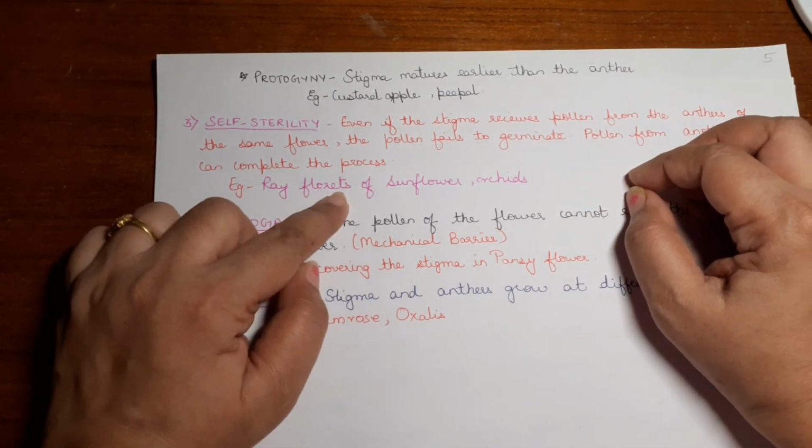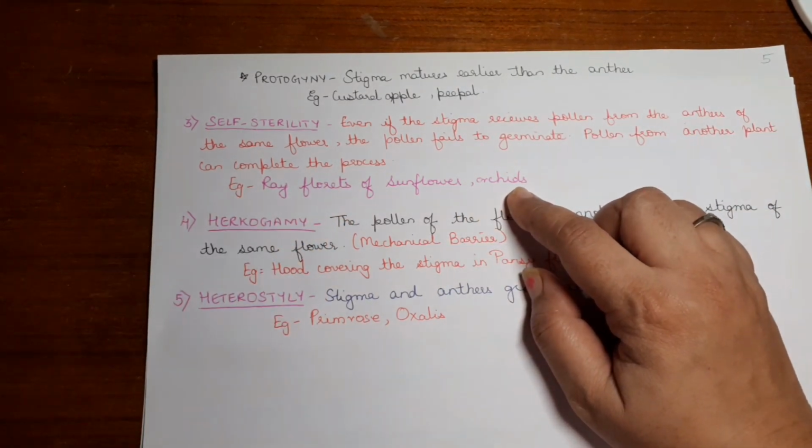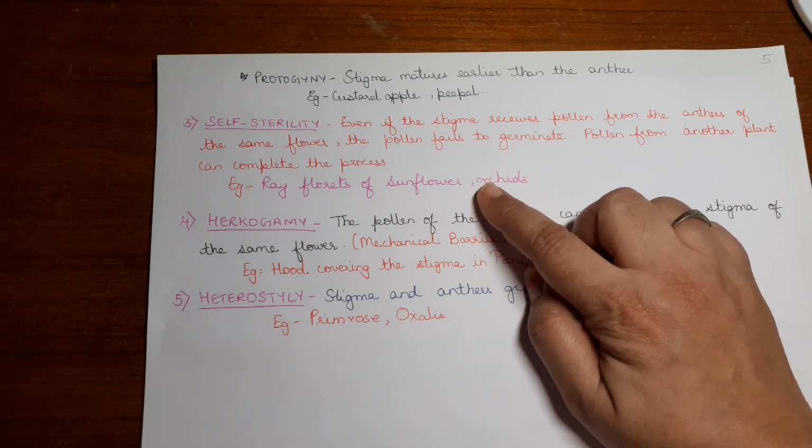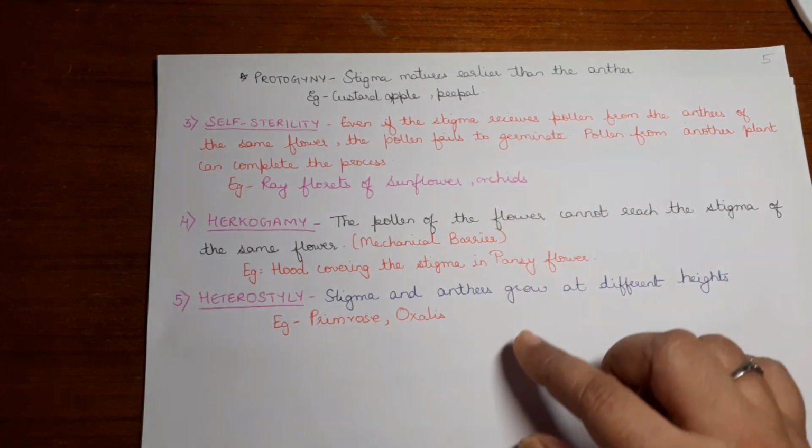Examples are the ray florets of the sunflower or the orchids. As I showed you before, the ray florets of the sunflower are neuter flowers. They fail to germinate. So that's an example of self-sterility. It has become sterile and is unable to undergo the process of reproduction.